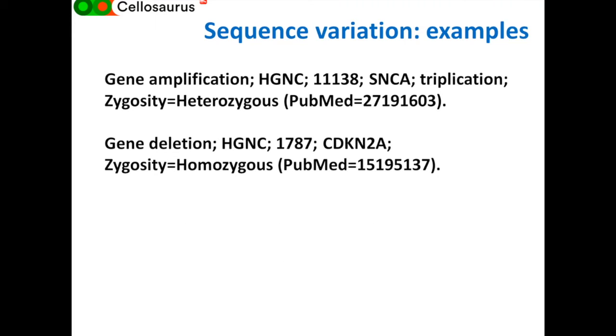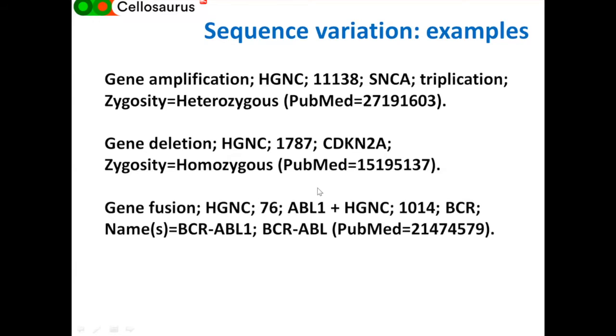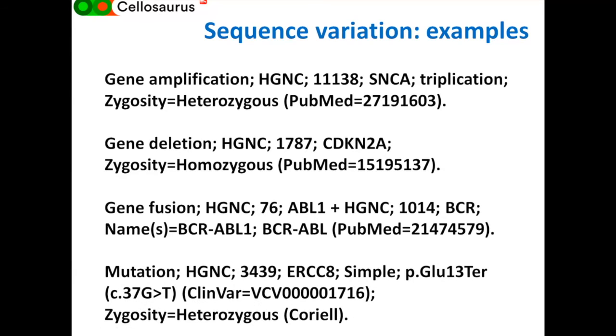Here you have an example for gene amplification and gene deletion, a gene fusion, and of course the most prevalent mutation for genetic disease, which are single position mutation or deletion or insertion, in a format HGVS with the ClinVar information. This will be finished for the next release in 2 weeks, so that all of those sequence variations are completely parsable and useful for bioinformatic purposes.